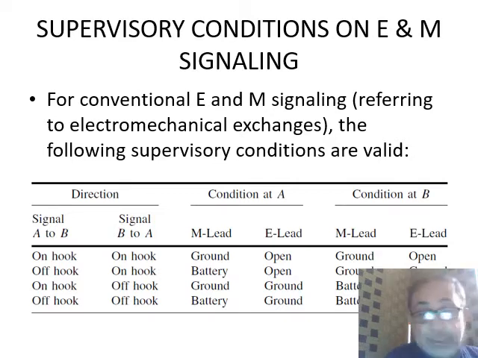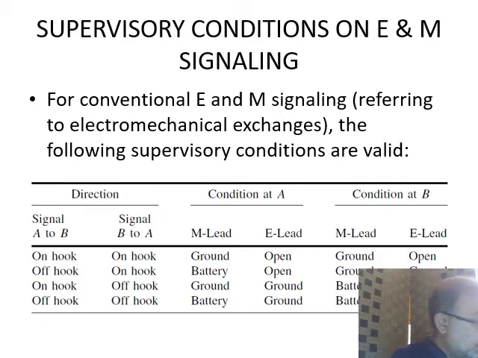Basically, this diagram is from chapter number 4. I've taken it to discuss some historical methods of making signaling systems.